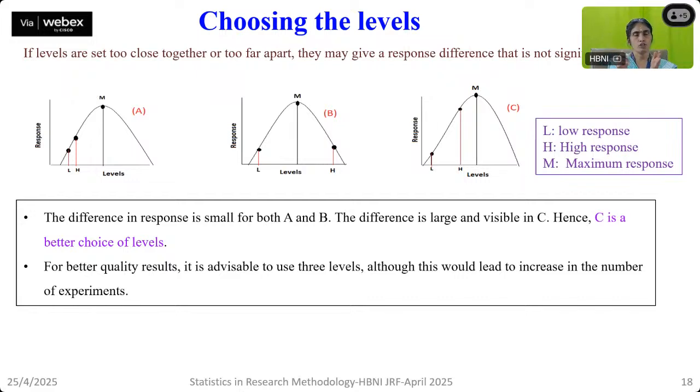The levels should be selected in such a way that the response function changes are visible. At the same time, if you can do more than 2 levels, that will be better. If you increase the levels, accordingly, proportionately, the number of experiments will increase. The quality of data also rises substantially.